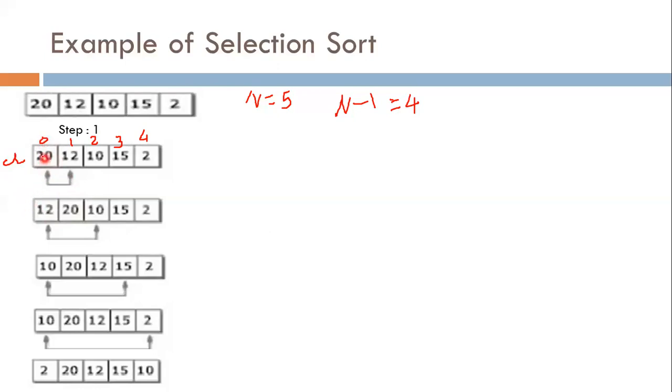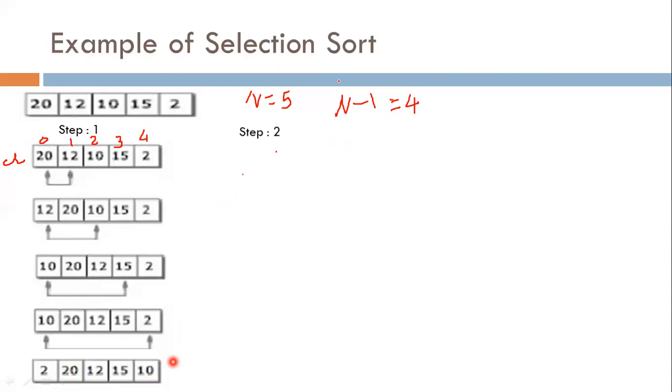Every time, our first element, A of 0, is compared with all other elements one by one. After completion of step number 1, we get the smallest element at the first position. Now start with the same data, 2, 20, 12, 15 and 10, and start our step number 2.